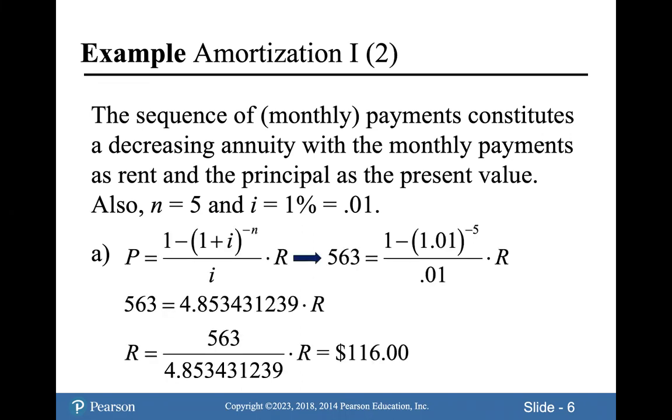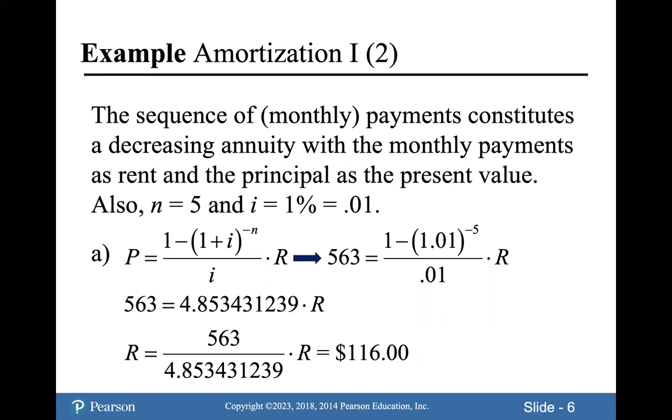So using the formula for a decreasing annuity that we developed in the last section, which you see here, we're going to substitute 563 for P and 0.01 for I, and N equals 5.